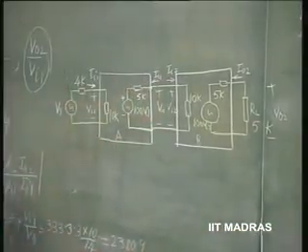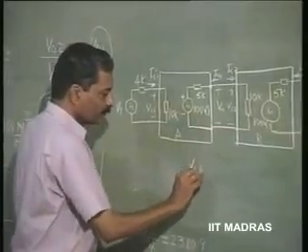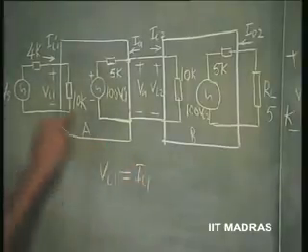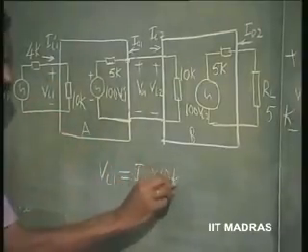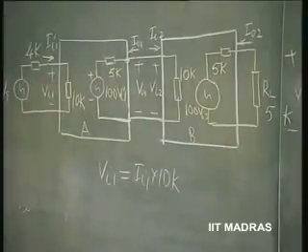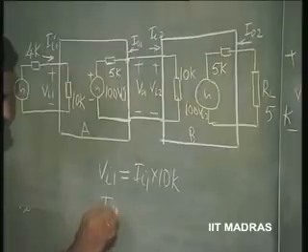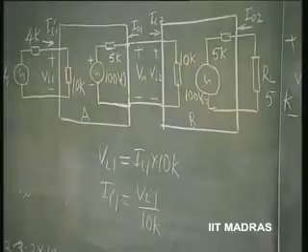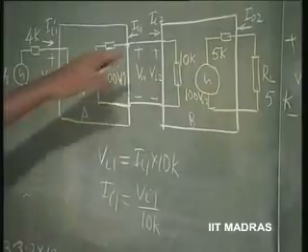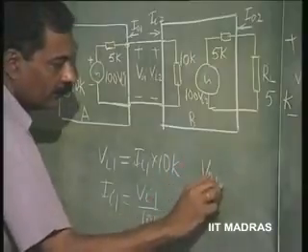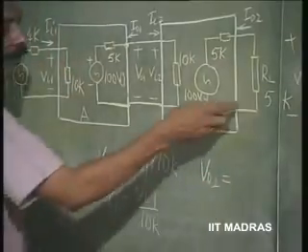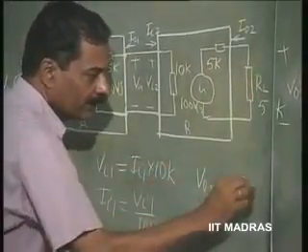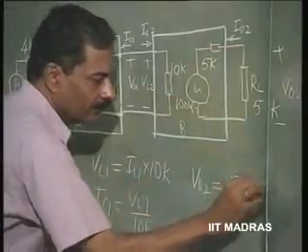Let us see. We know that Vi1 is equal to Ii1 into 10K. So basically we have Ii1 equal to Vi1 by 10K, and V naught 2 is going to be 5K, the load resistance, into I naught 2.